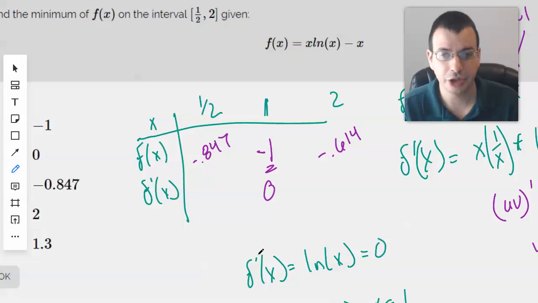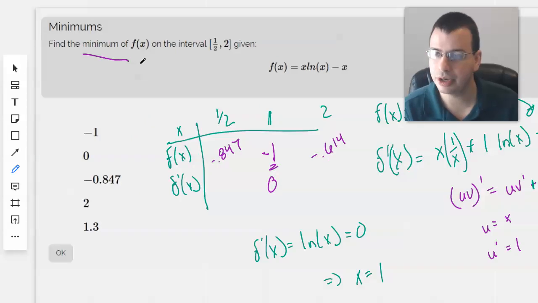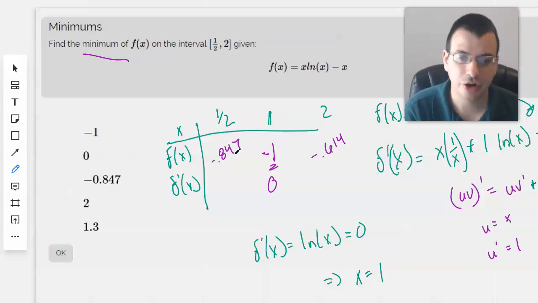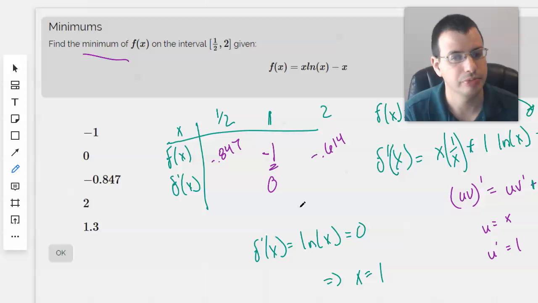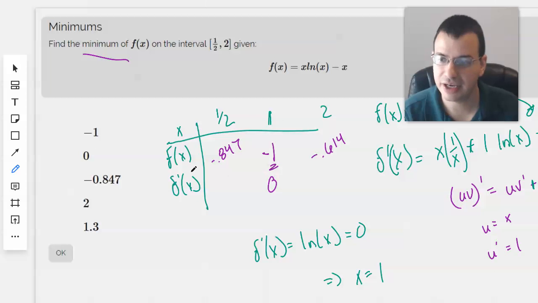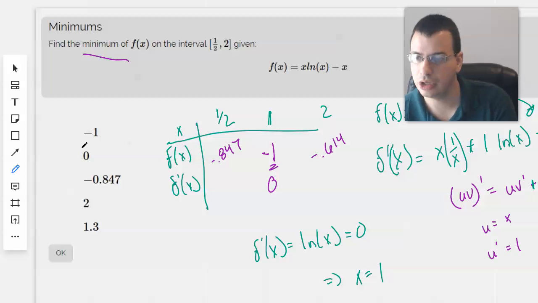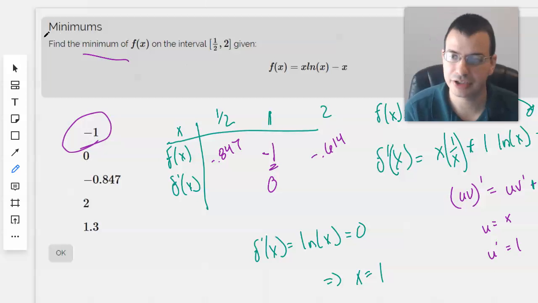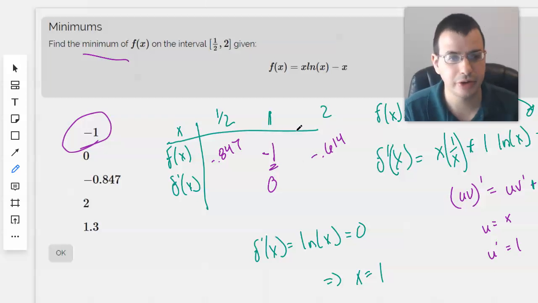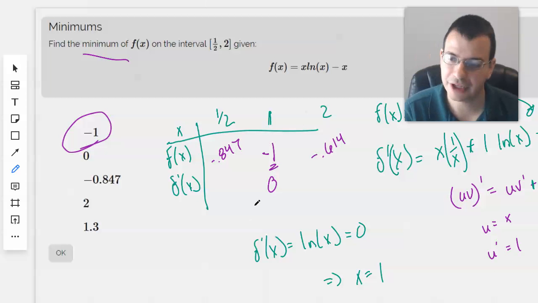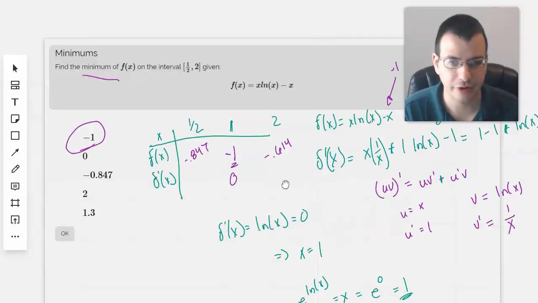Yep. And so it makes sense then we're doing minimum, right? If we're looking for maximum, we'd be like, oh, it's at 2. It's at one of our endpoints. But it's not. We have negative 1 will be our minimum for this. Find the minimum. Yes. So that's how we do the minimum for this kind of problem.